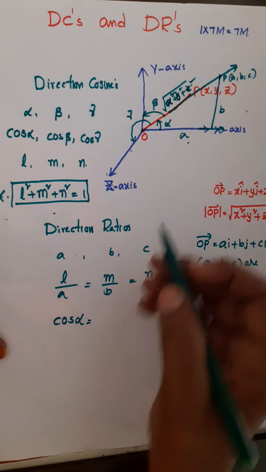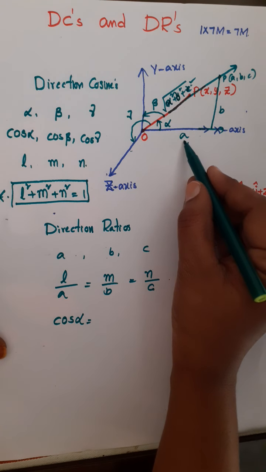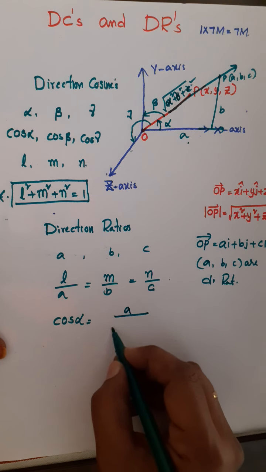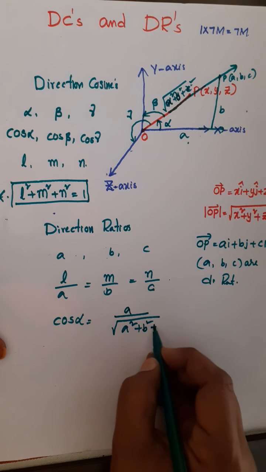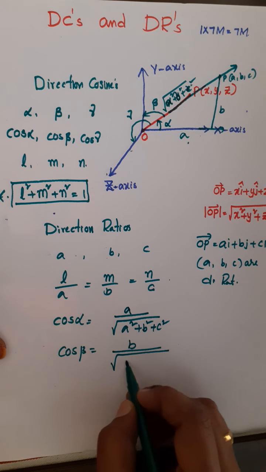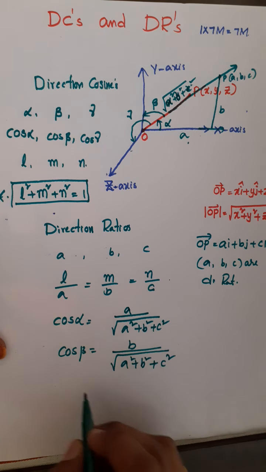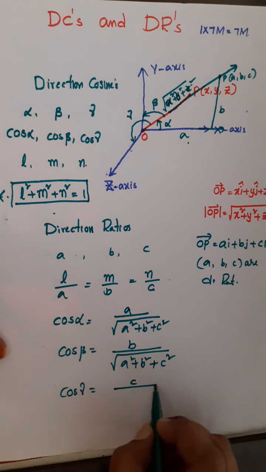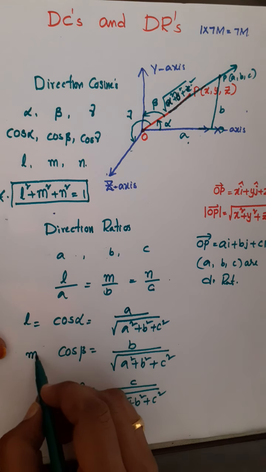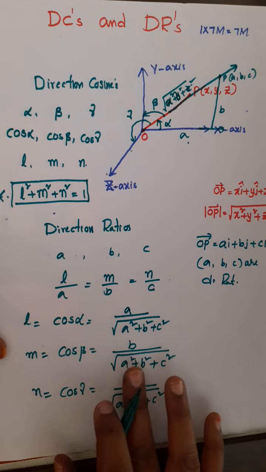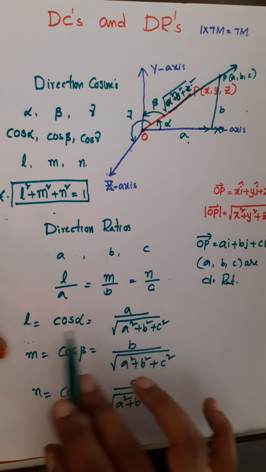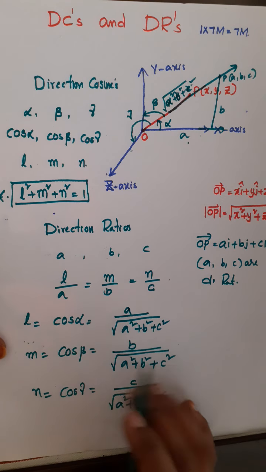Adjacent by hypotenuse, that is A by under square root of A square plus B square plus C square. Similarly, cos beta is B by under square root of A square plus B square plus C square, and cos gamma is C by under square root of A square plus B square plus C square. These are nothing but the L, M, N values. This is the relation between direction ratios and cosines. If you know direction ratios, you can find directional cosines in this way.